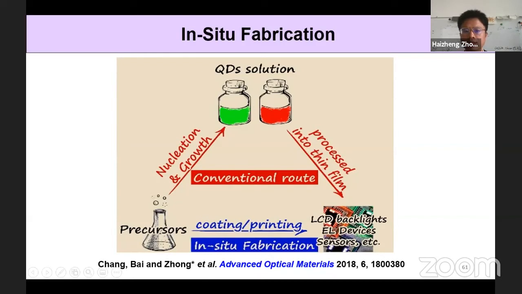For perovskites, they can start from the precursors and directly form thin films through in-situ fabrication.